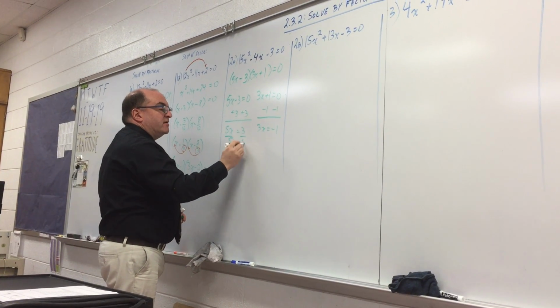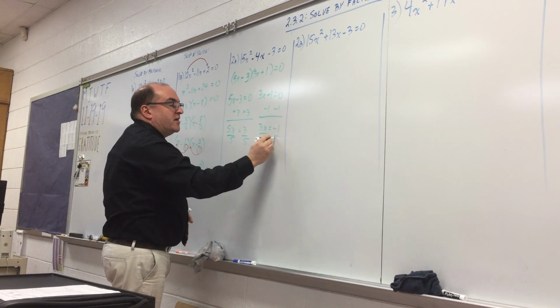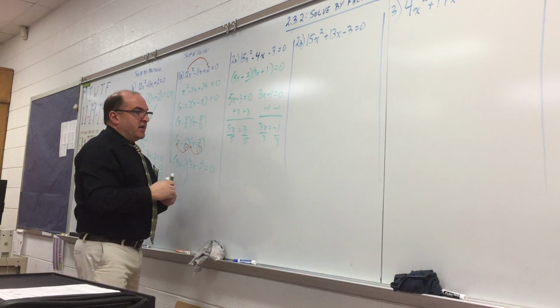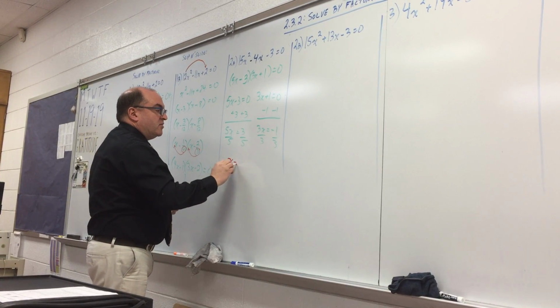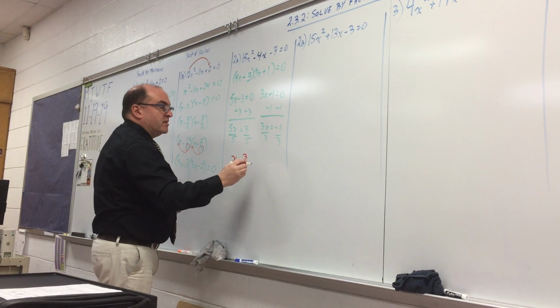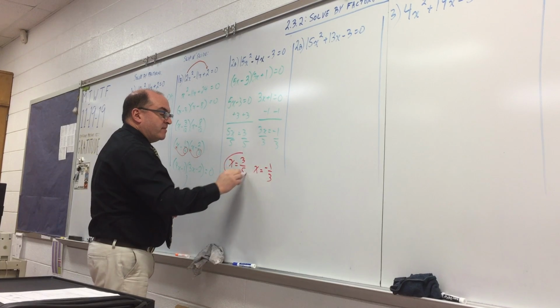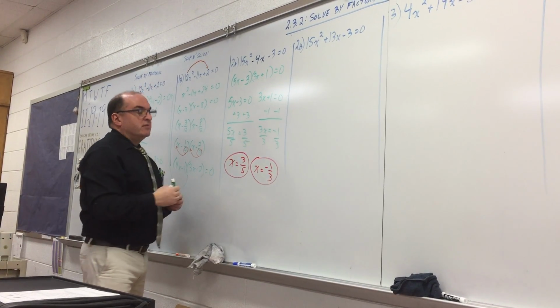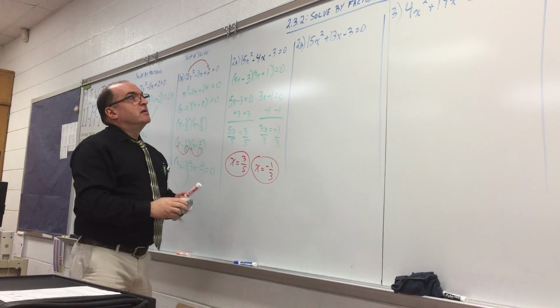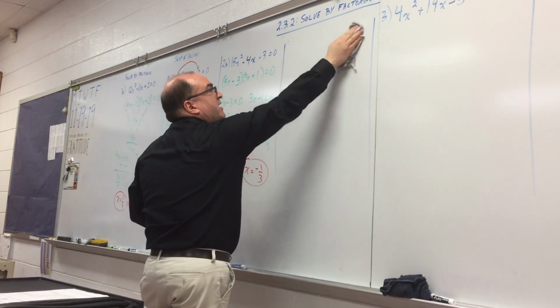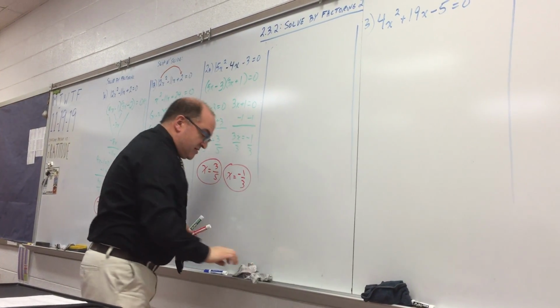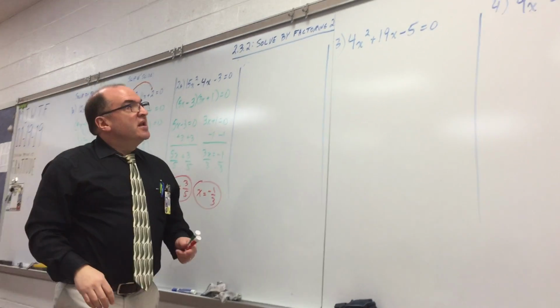Divide by 5 here, divide by 3 here, and x equals 3/5. x equals negative 1/3. Okay? I'm going to skip the slip and slide method. All right? Next.